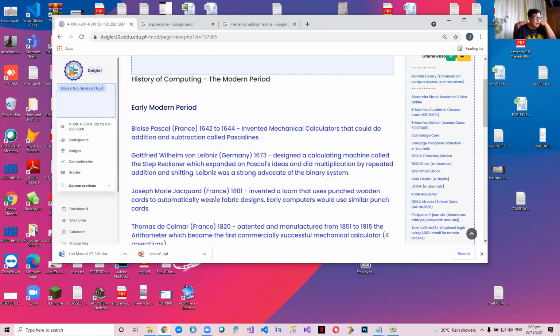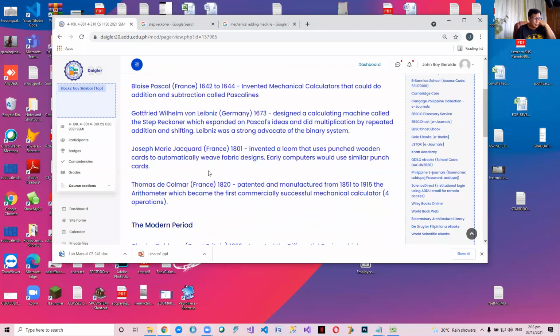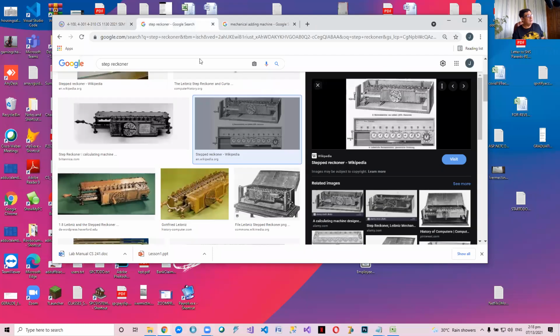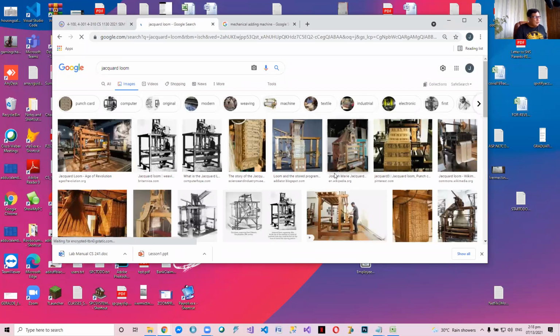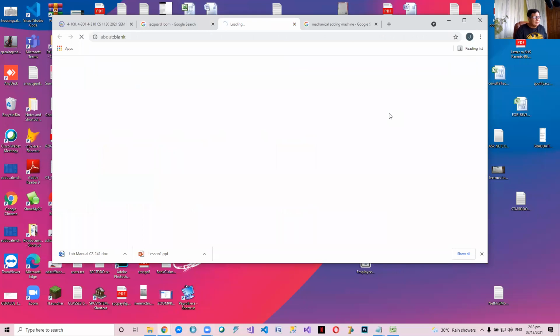So 1801, a very important invention which is not related to computing but used for designing fabric. It's called the Jacquard's loom, by Joseph Marie Jacquard in France. Let's look for a Jacquard's loom. Ganito. The Jacquard loom is used for designing fabric. This is the best I can have.